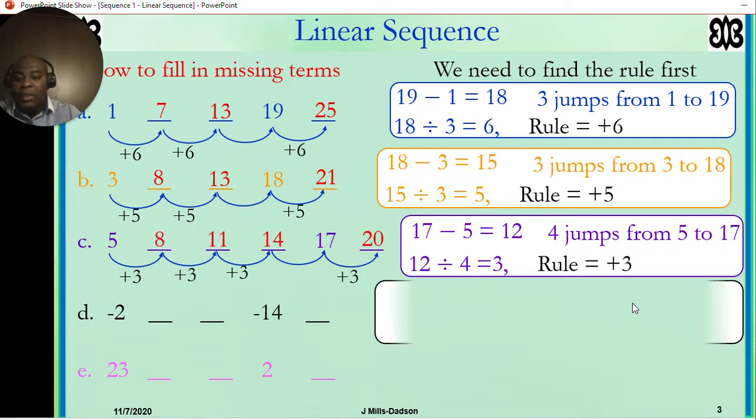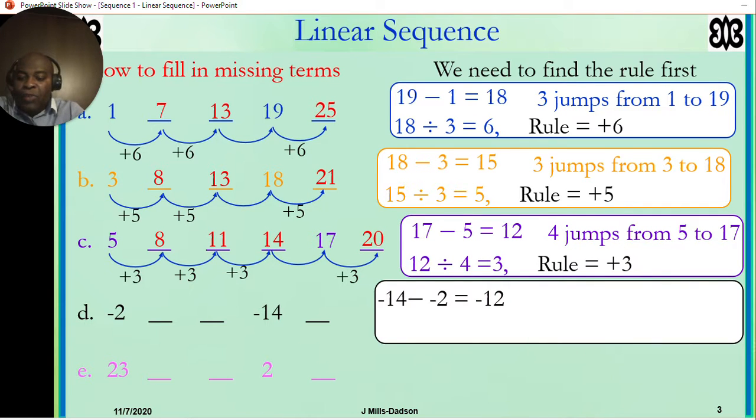Now D, we need to find the difference between negative 14 and negative 2. So you have negative 14 minus negative 2. And you need to remember from the negative number rules that negative followed by another negative becomes positive. So it becomes negative 14 add 2. That's why we have negative 12 as the difference between negative 14 and negative 2.